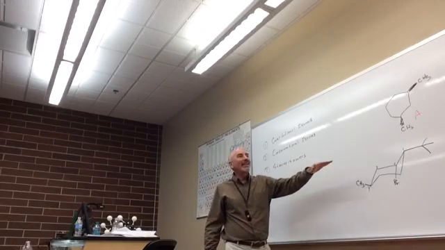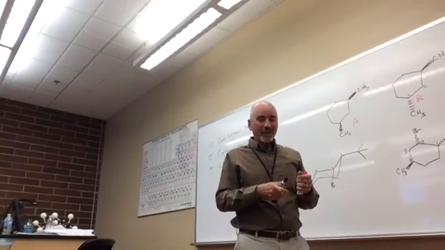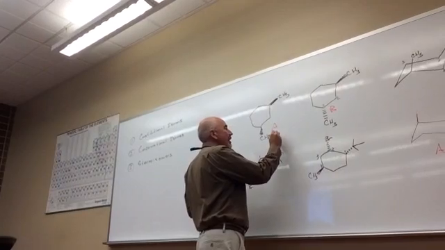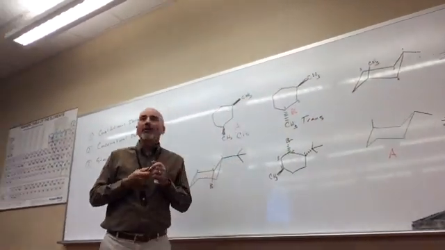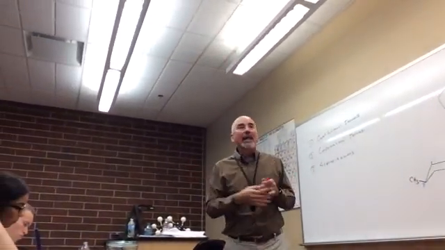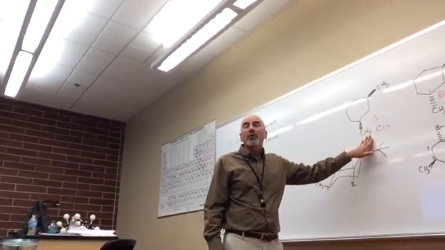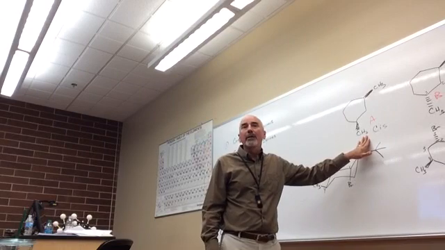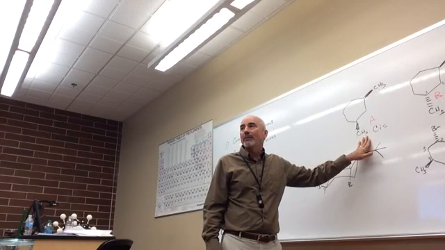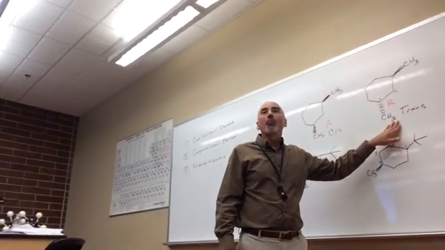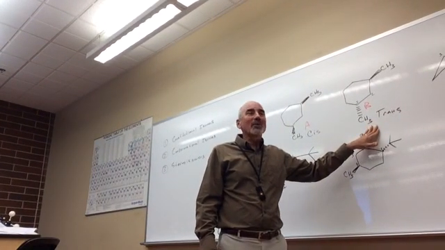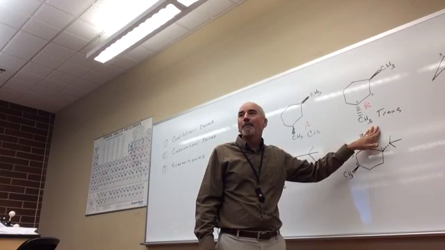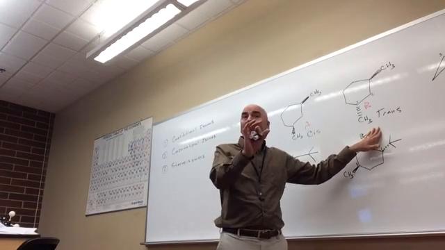Okay, A and B are stereoisomers. One is cis and one is trans. The difference between those two is there's still, if we were to name this molecule, it would be 1,3 dimethyl cyclohexane, right? And if I name that one, it would be 1,3 dimethyl cyclohexane, right? So they have the same name. So we have to add the stereochemistry to it.